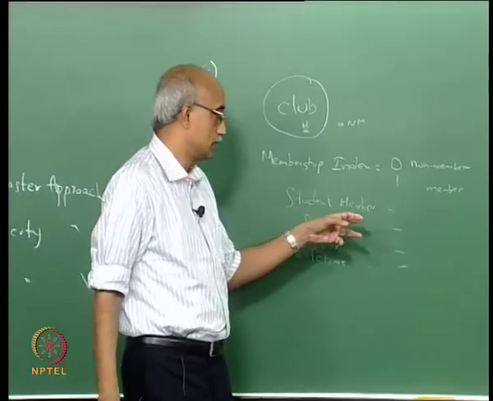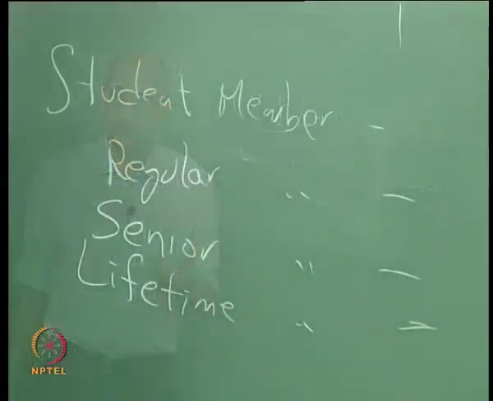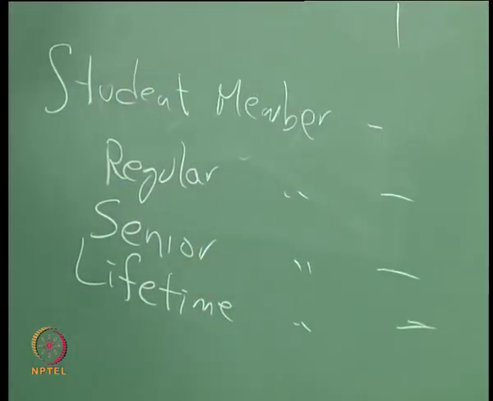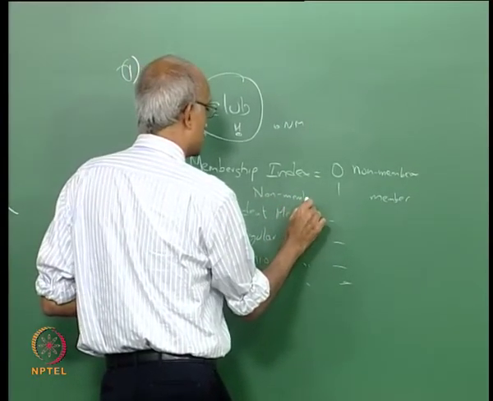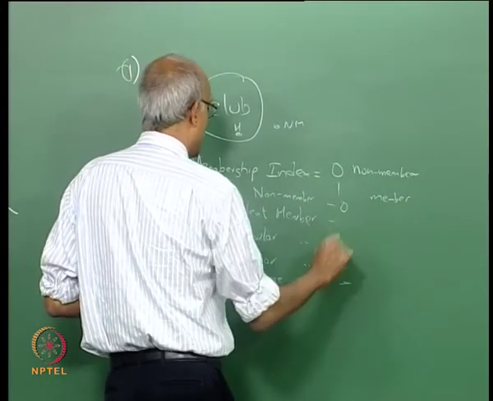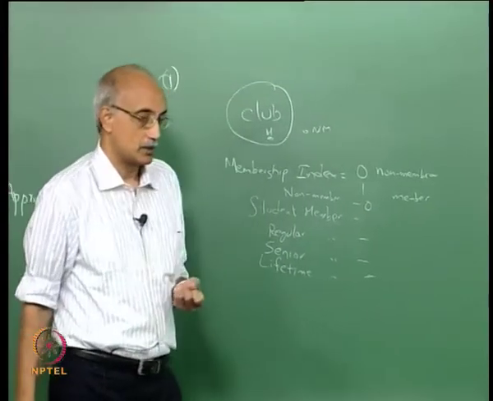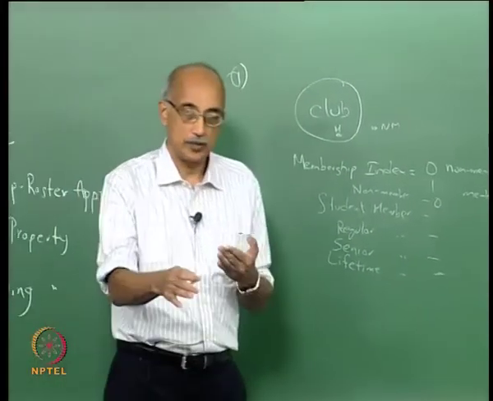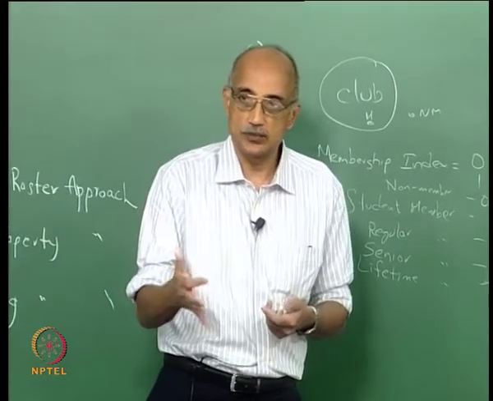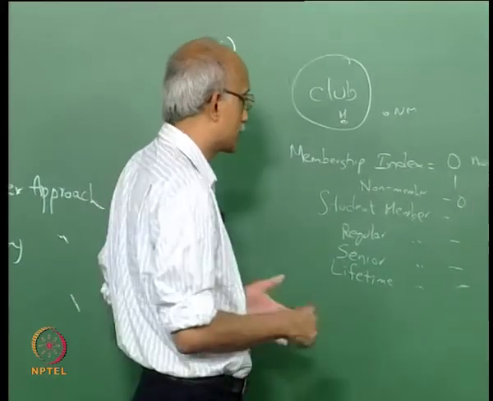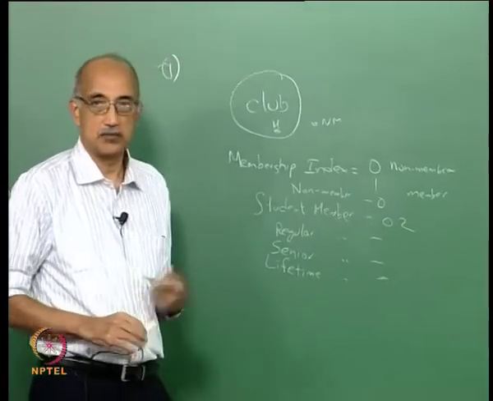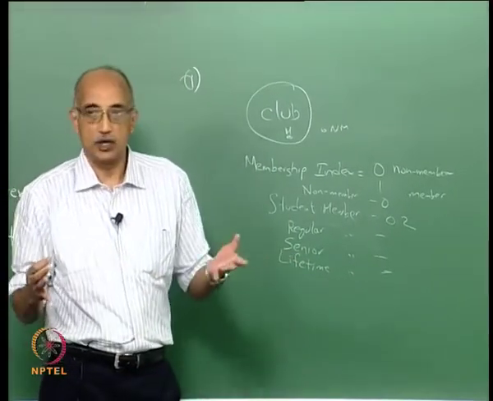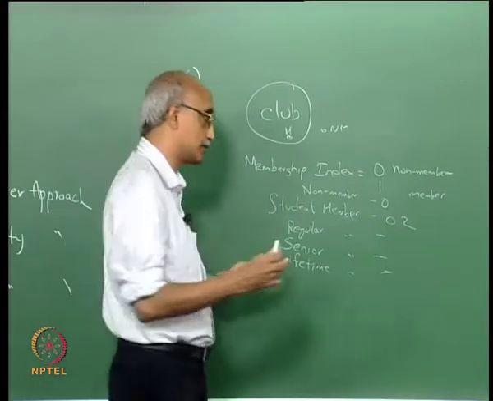So here you don't just go from 0 to 1. Instead, if you are a non-member, let's say that that's a 0, but let's say that you can become a student member, which will give you certain rights and privileges but not all of them. So the index here may be a 0.2, and let's say that as a regular member you get virtually all the benefits but maybe not all of them.